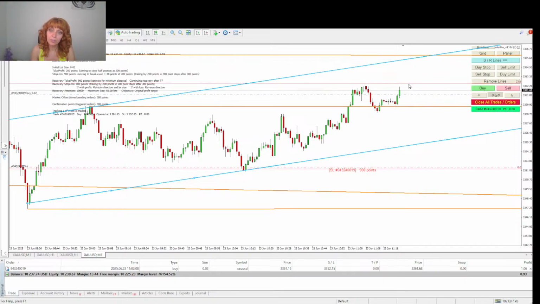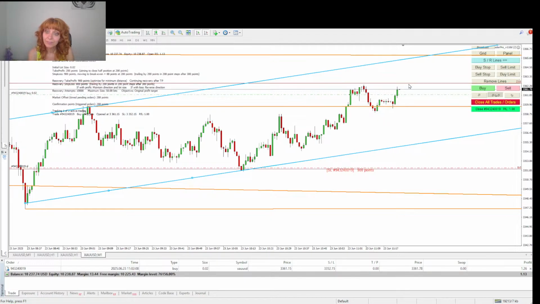And we have a 23rd Fibonacci level there. Still nothing, very slow. This is so slow.